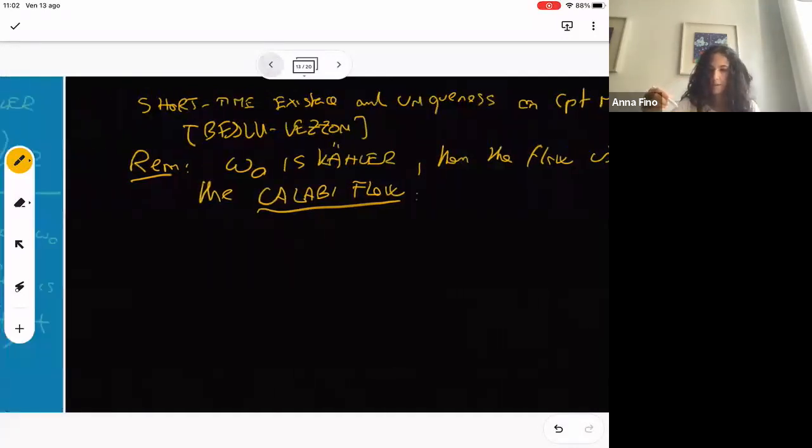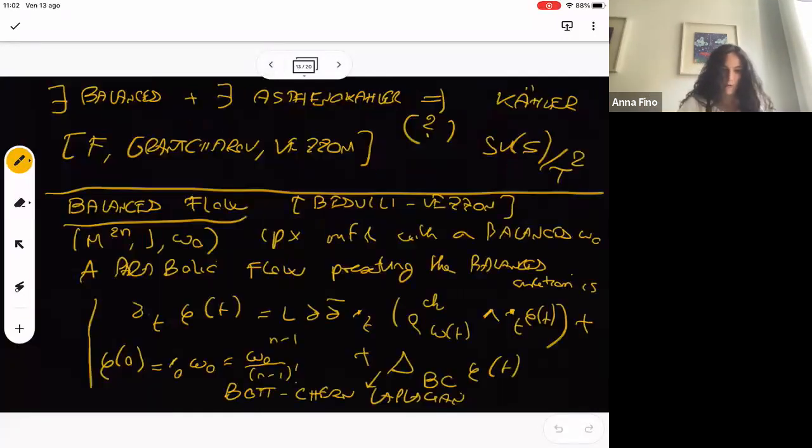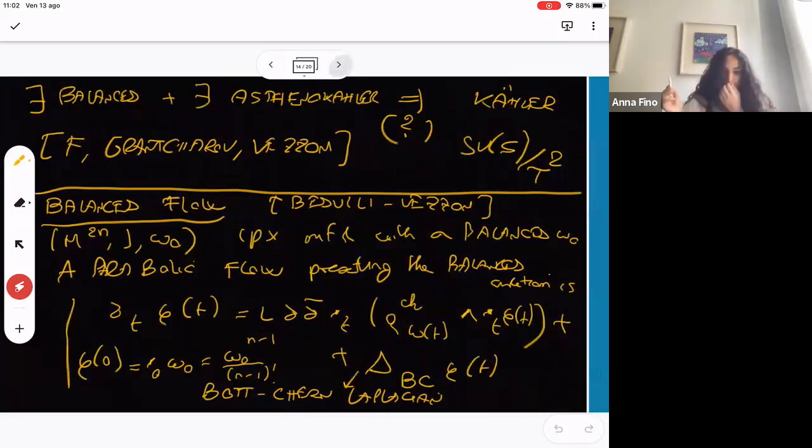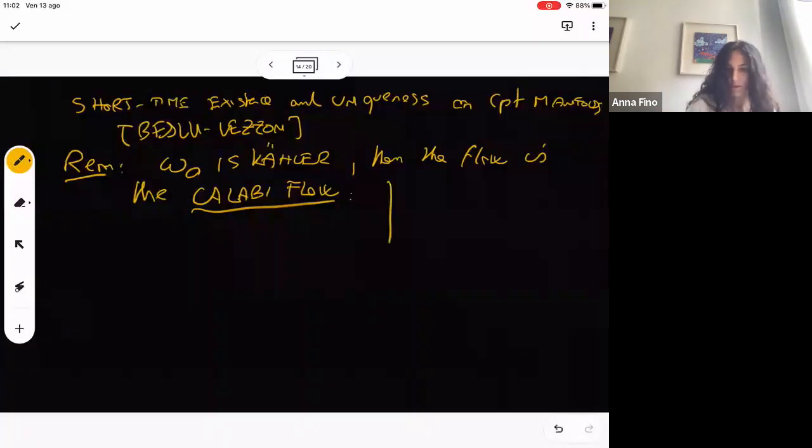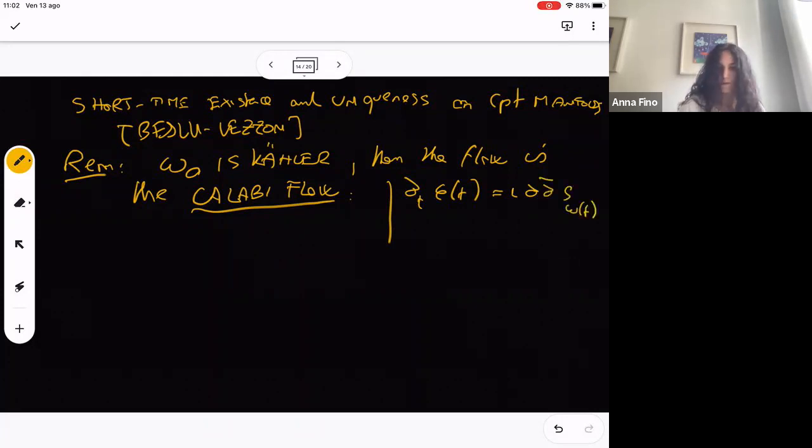In the Kähler case, this second term is vanishing, okay? So you have only this part, and this is essentially equivalent to saying that you have ∂φ_t equal to ∂̄ of the scalar curvature. One can write down the scalar curvature associated to ω_t, where of course ω_t belongs to ω_0.